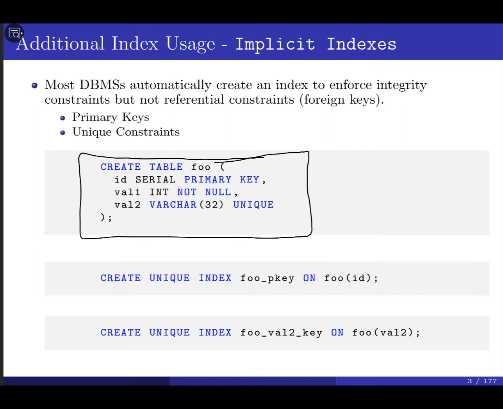Do you need to create an index based on the ID and the val, true or not? For example, we wish to have an index. So what do I have to do here? Do you have to create, for example, a unique index on the primary key and a unique index on the val?